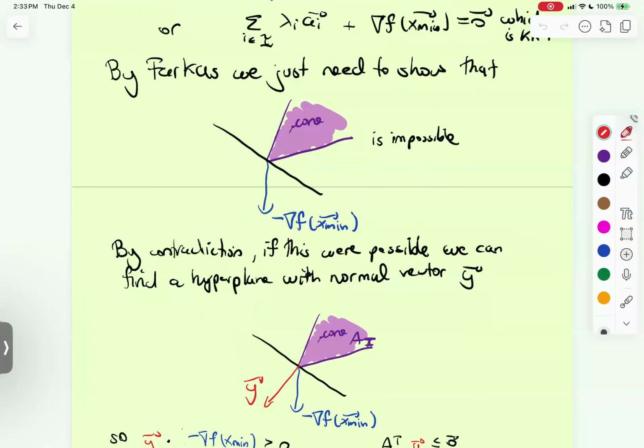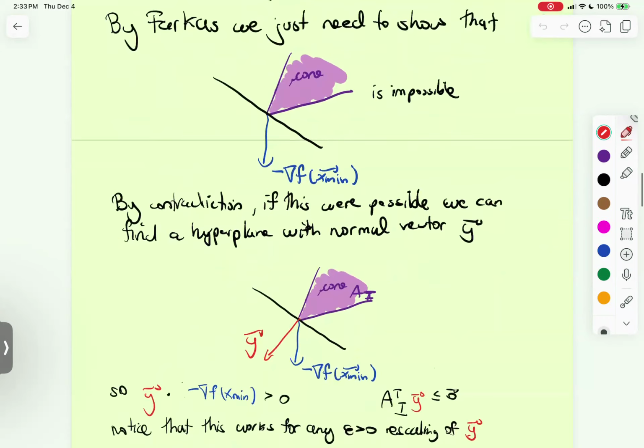So that means you can find a vector y that gives you the normal vector of this hyperplane. Saying that this vector is on one side of the hyperplane just means that the angle, for example, is acute with the normal vector, whereas the cone makes an angle of more than 90 degrees. That's what it means to be on the other side.